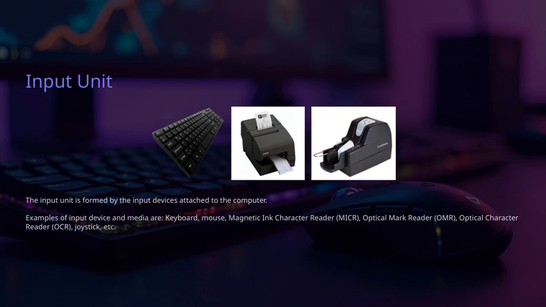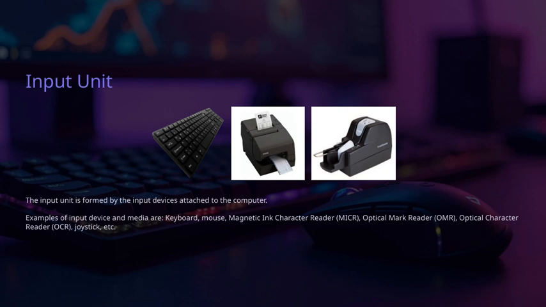Then we have the optical mark reader, or OMR, which can quickly read marked areas on forms or surveys. The optical character reader, OCR, is another interesting device that can recognize printed text, converting it into digital data. There are also devices like joysticks, which are common in gaming but can also be used for other control applications.